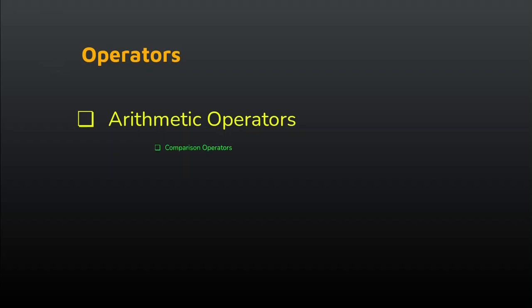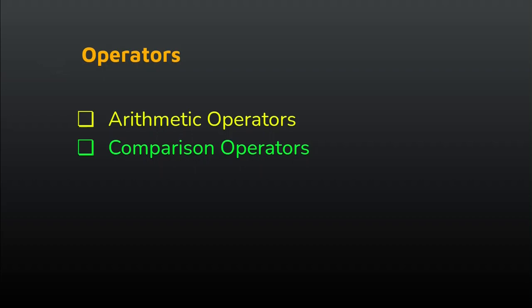Then we'll talk about the comparison operators. These operators connect to the data types that we discussed in the previous tutorial. Just like with arithmetic, we're dealing with numbers, so arithmetic operators connect to numeric data types. Comparison operators connect to the Boolean data type because you're comparing two things, right?